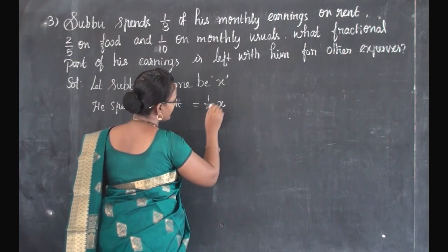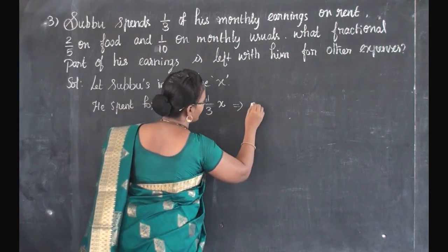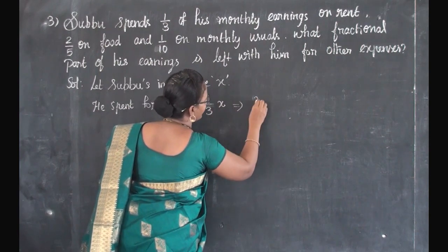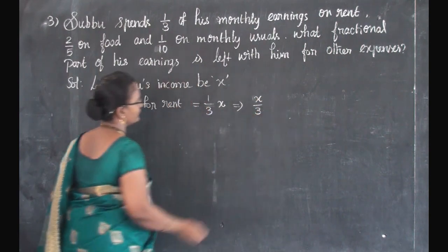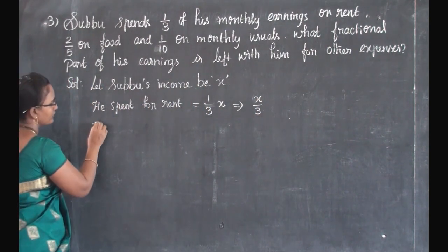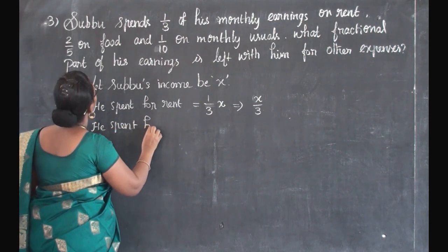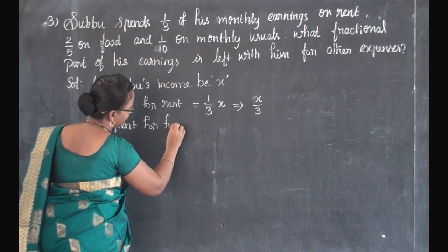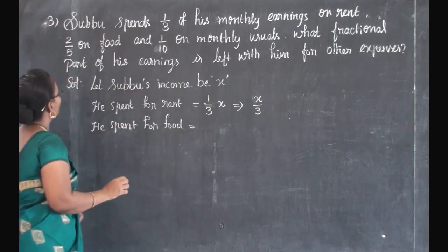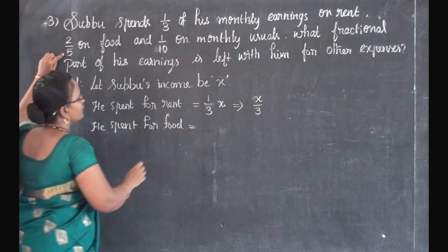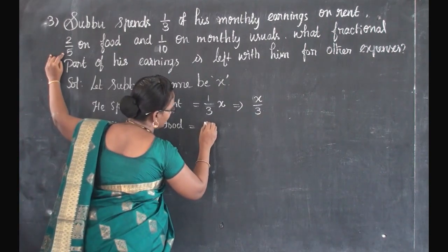Monthly income x. So it will be 1 × x/3. And next, he is paying for food 2/5 of his monthly income.